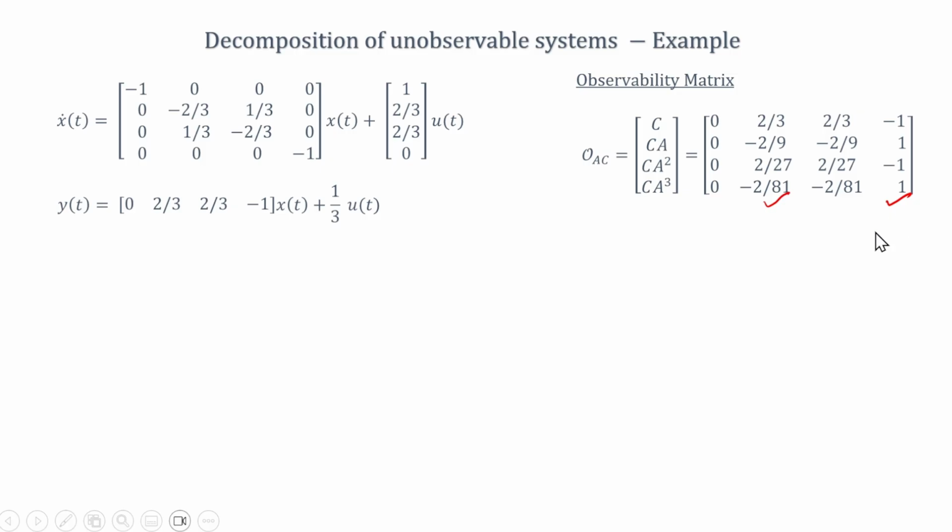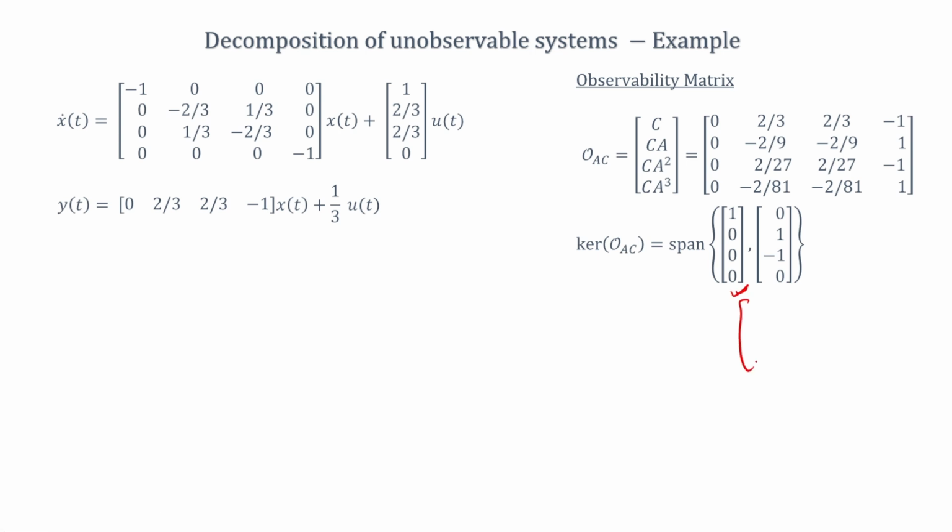So the rank of this matrix will come out to be 2, and the vectors in the kernel of OAC will come out to be of this form. Because if you take any vector which is of the form beta 0 0 0, then that multiplied by this matrix will give you 0. Similarly, any vector of the form 0 beta minus beta 0 when multiplied with this matrix will give you 0.